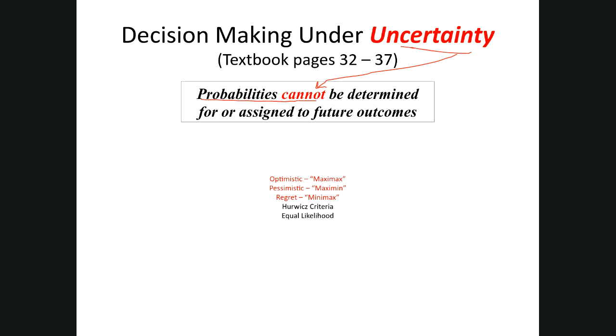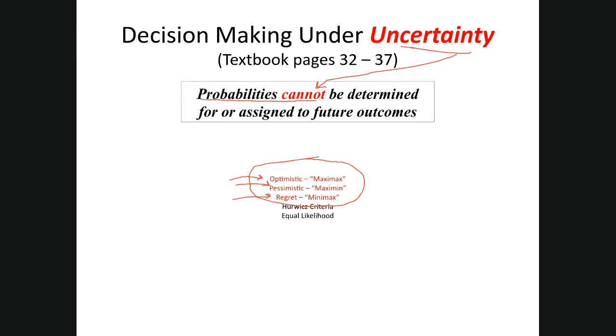In this part of the lesson, we're going to talk about 3 different situations. We're going to take a look at decision making from the optimistic perspective, the pessimistic perspective, and the perspective that we want to avoid regret.